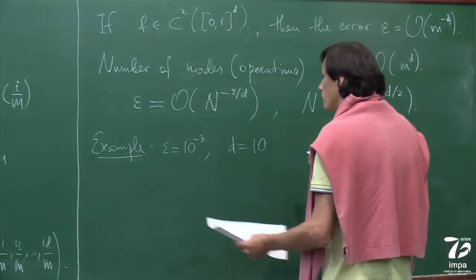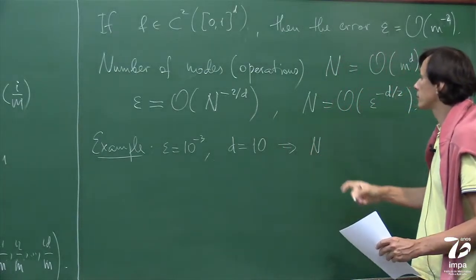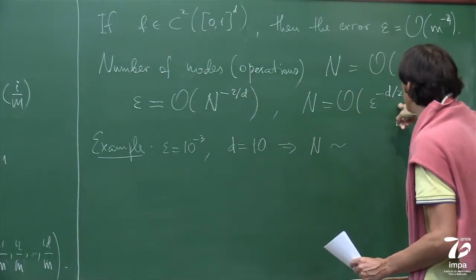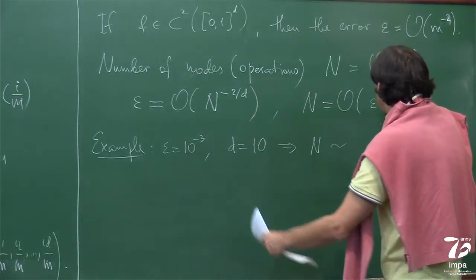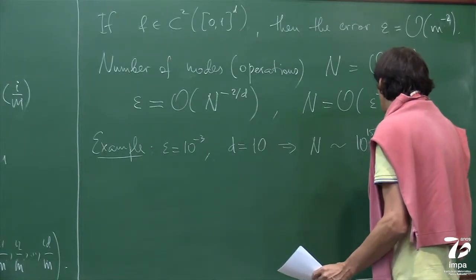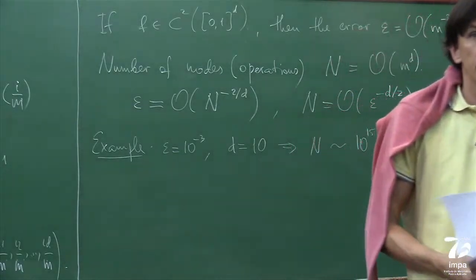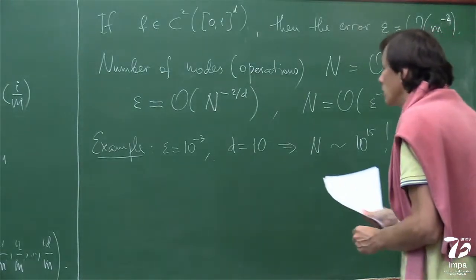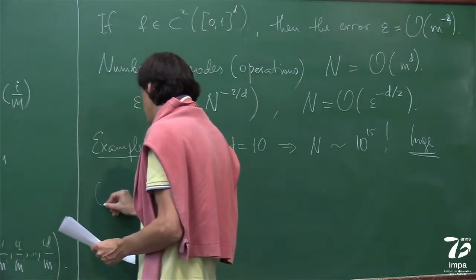Then with the trapezoidal rule, your number of operations will be of order epsilon to the power minus d over 2. d over 2 is 5, times minus 3, it will be 10 to the 15. So huge. It's already hardly feasible with computers. So just simple integration, but with high dimension, becomes unfeasible. That's why we will take a different method.